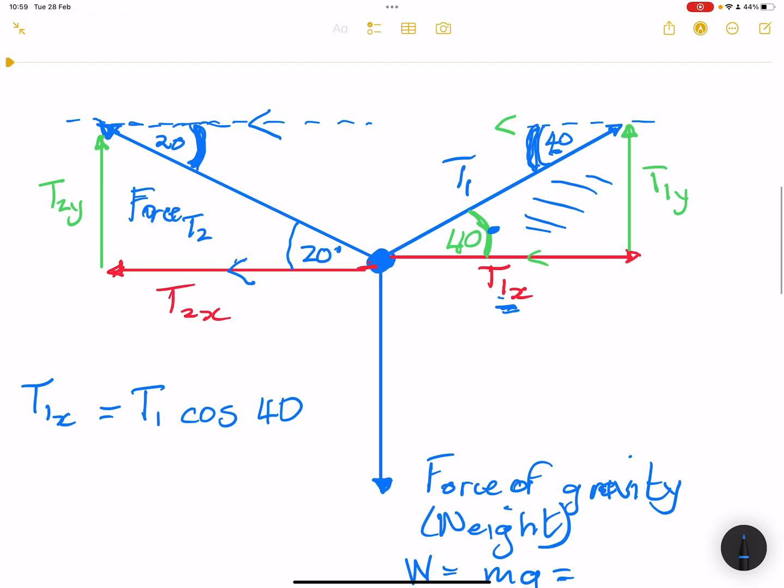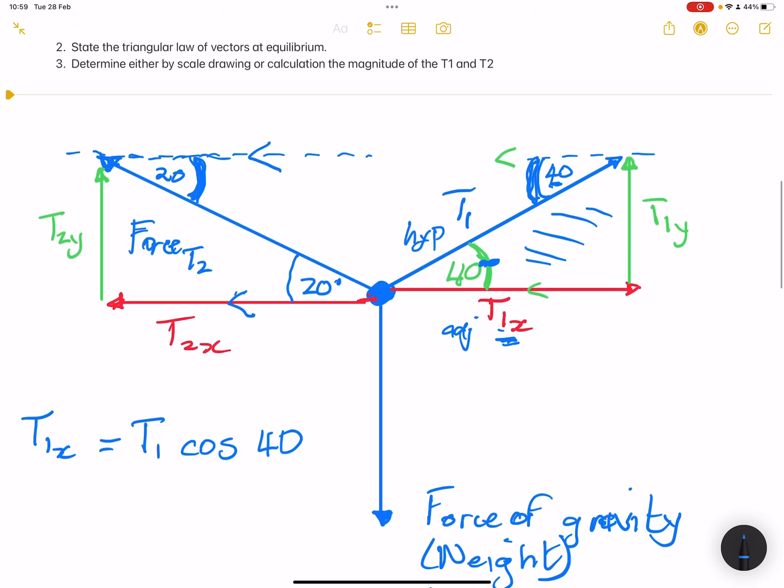Now, if you don't know where this comes from, you might have missed the video where I was talking about the introduction of the section. Please go back and look at that video. Where this simply comes from is that the cos of the angle is the adjacent side over the hypotenuse.